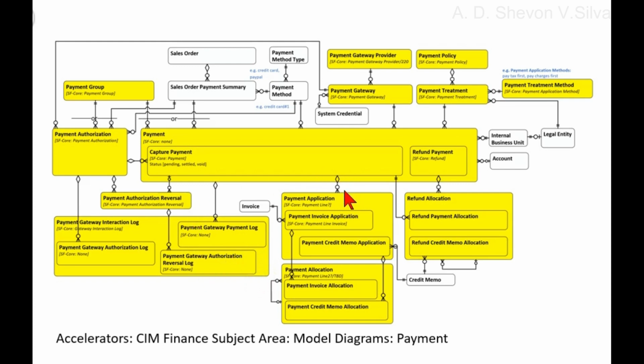Here the capture payment contains 0 or more payment applications, and payment application contains capture payment. Payment invoice application and payment credit memo application are in payment application, and payment invoice application has one and only one invoice, and invoice has 0 or more payment invoice applications.